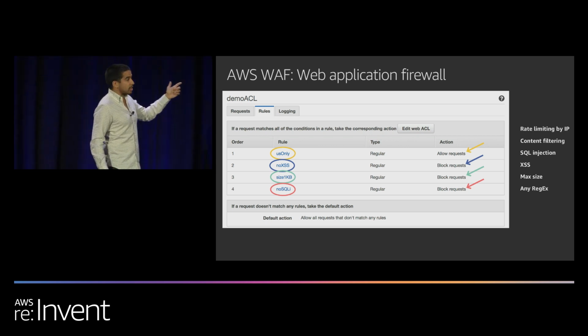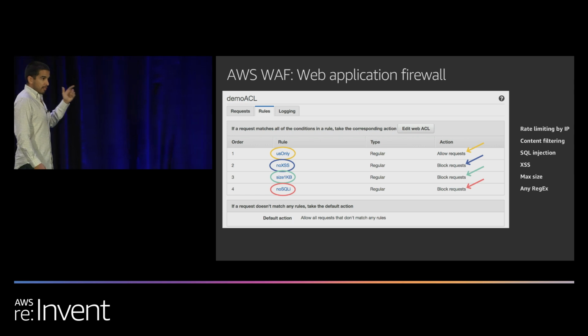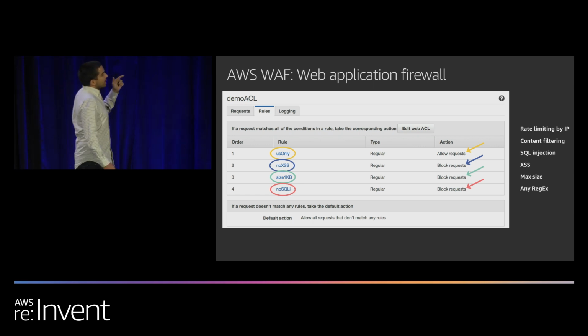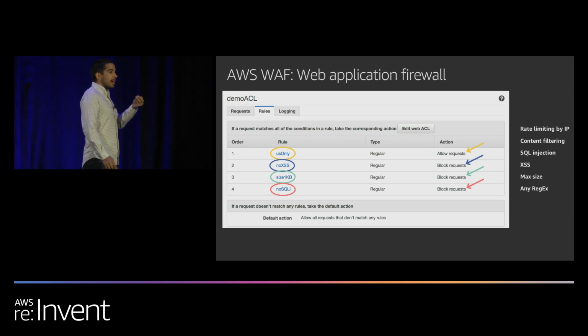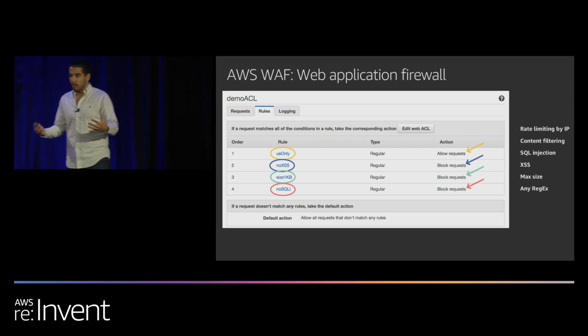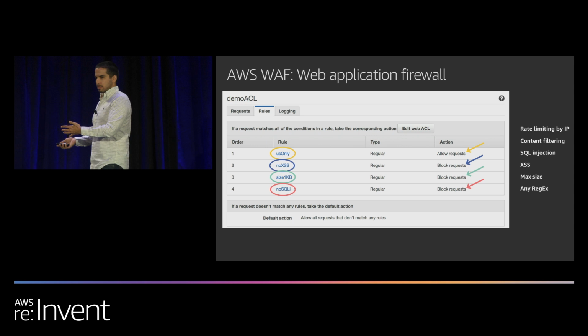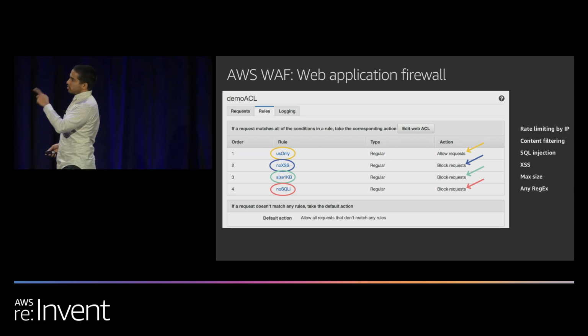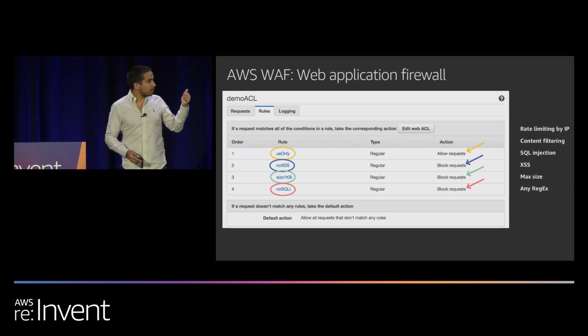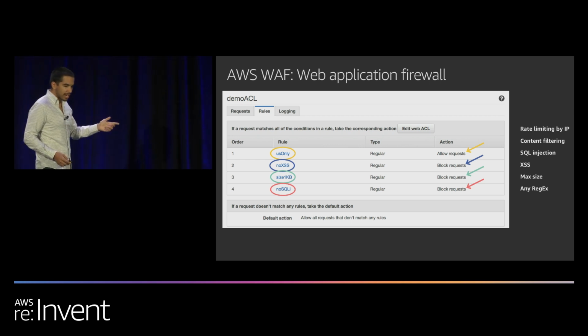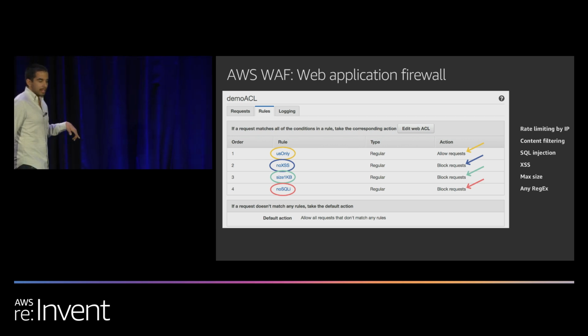Cross-site scripting, we talked about this. AWS WAF can detect this for you and block it. If your application is not configured to deal with payloads of over 1 kilobyte, why allow that through? That can only lead to bad things. So you can block that using AWS WAF, and of course, there's another one for SQL injection attacks, which we're going to talk about in a second.